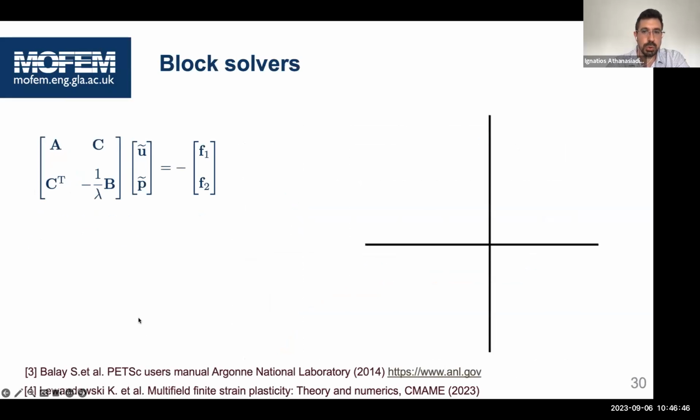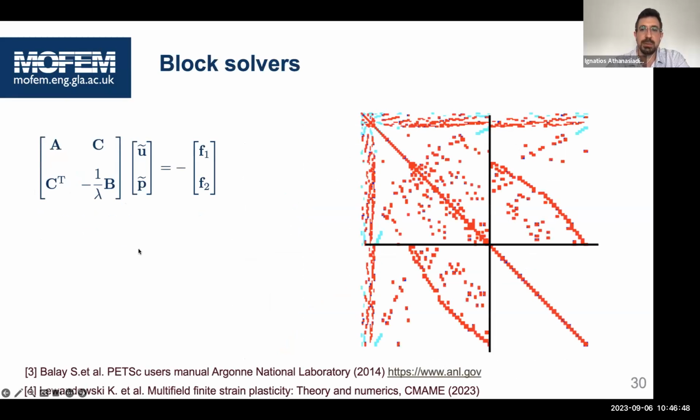So regarding block solvers, I will give just a brief introduction to them. On the left-hand side, you can see the general case, not for incompressibility, but just the general case for the mixed formulation of linear elasticity. And on the right-hand side, you can see what the system of submatrices looks like.